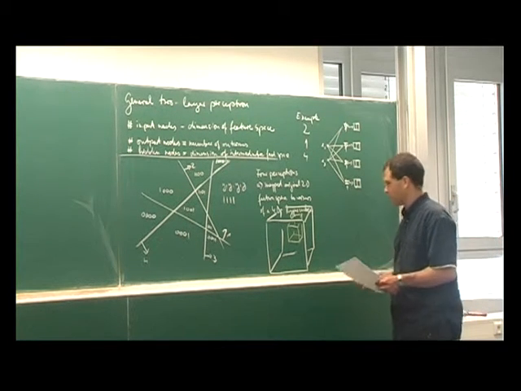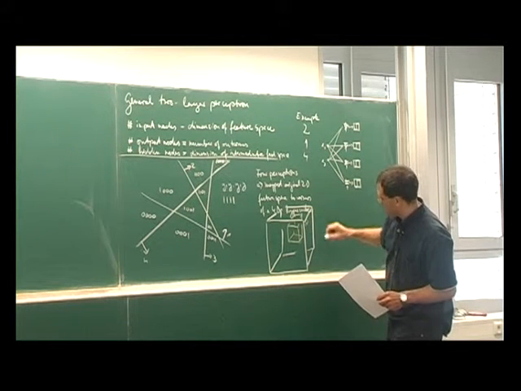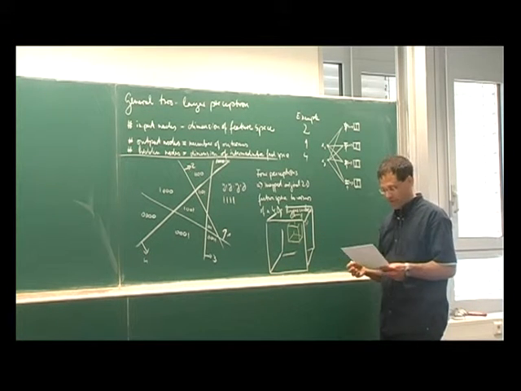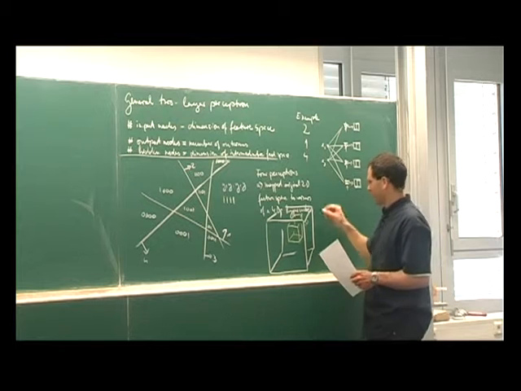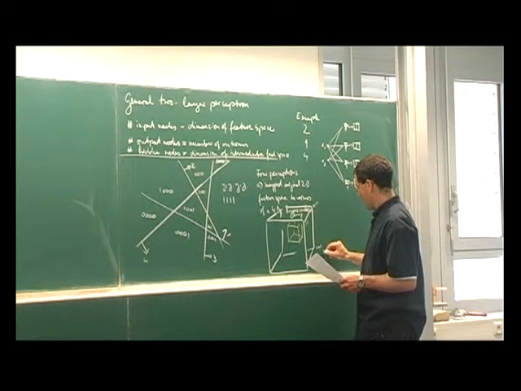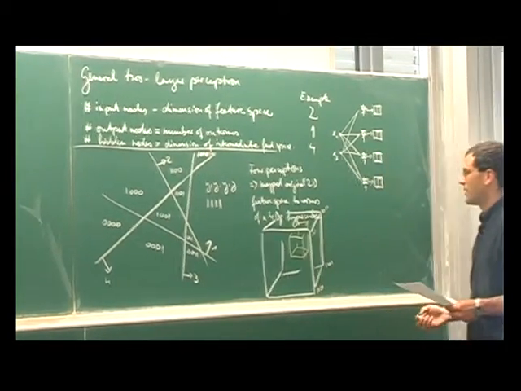So let's say that this upper edge here would be the corner 1, 1, 1, 1. And now take any order you like. And so on.